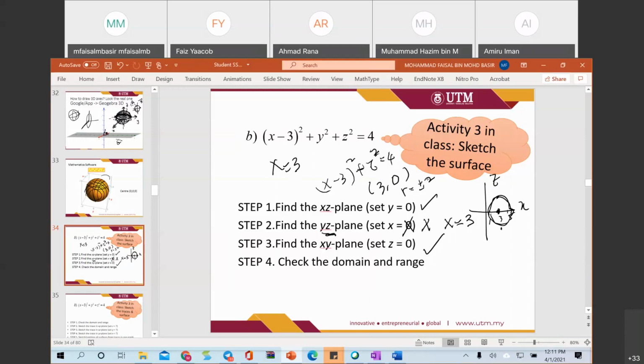So you have a circle like this. Remember, your circle is at x equals to 3. Then for this, I think this is easy. The yx plane, center 0, 0, sorry, this is z0. So z0 means plus minus 2 squared. So also 3, 0.